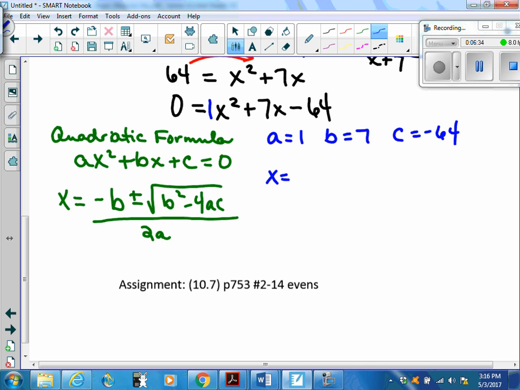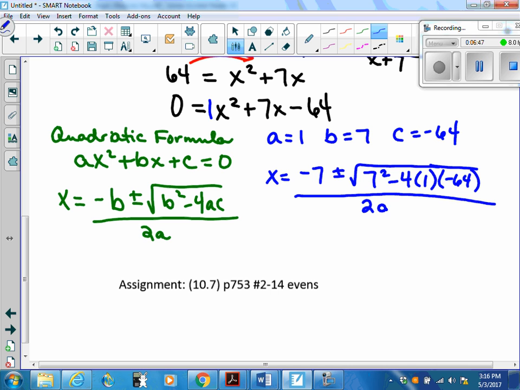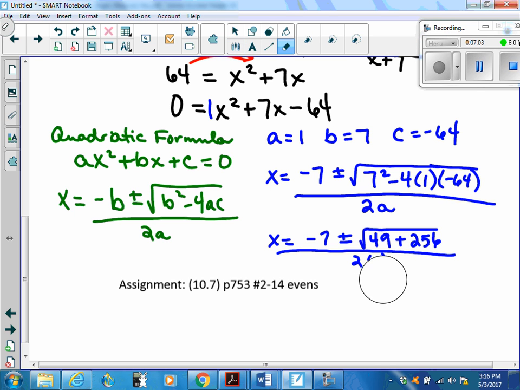I'm going to use that to solve the quadratic equation. So x is negative b, negative 7, plus or minus the square root of b squared, so 7 squared, minus 4 times a, which is 1, times c, which is negative 64, all over 2a. As I simplify, I get negative 7 plus or minus the square root of 49 plus 256, over 2 times 1.